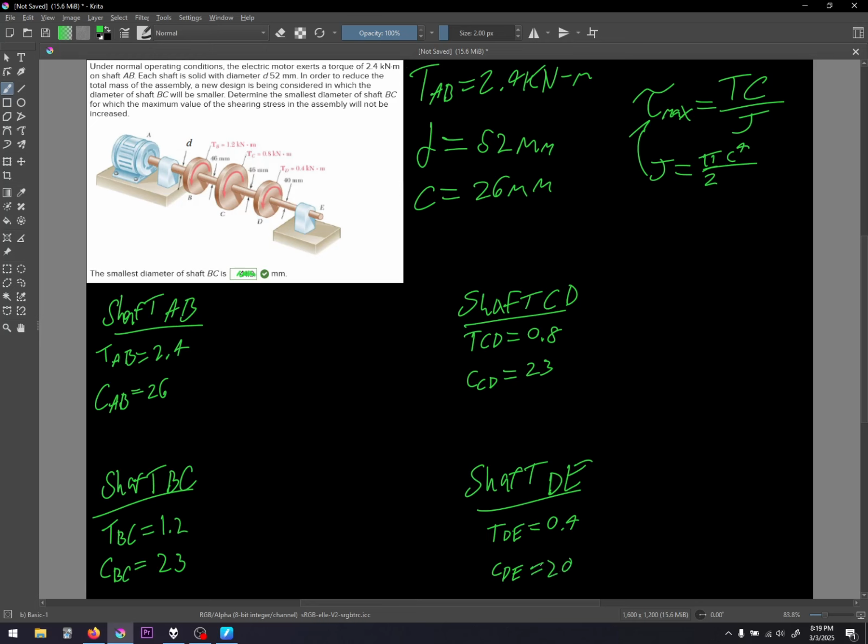Okay, now to find JAB. J equals pi times C to the fourth over 2, and we know that C is 26, so 26 to the fourth over 2.